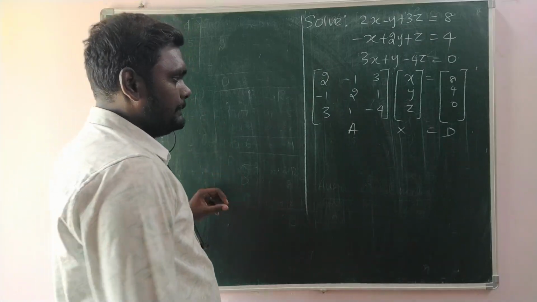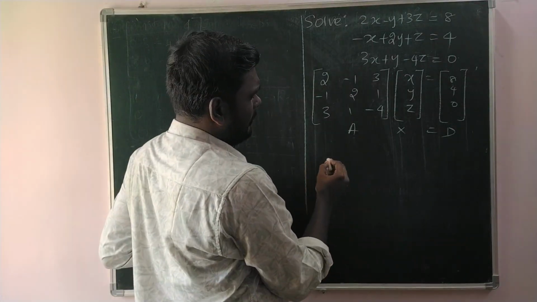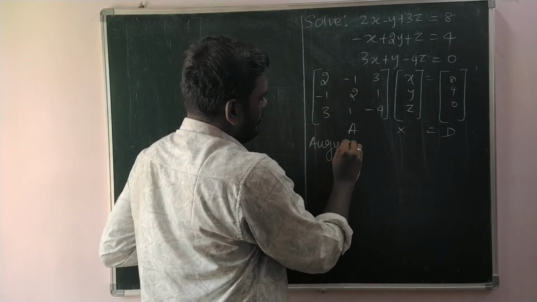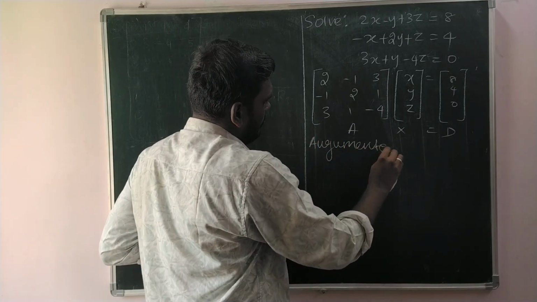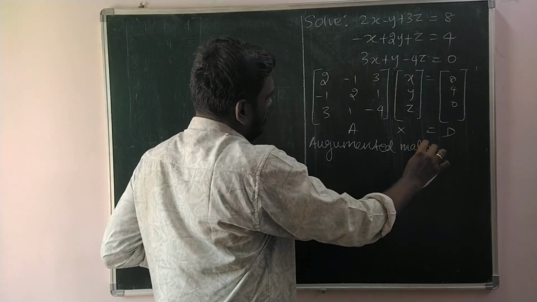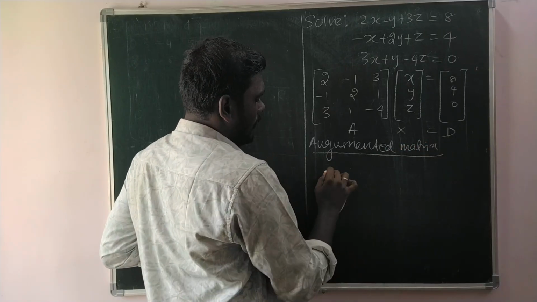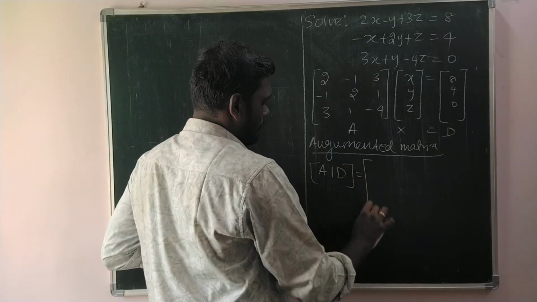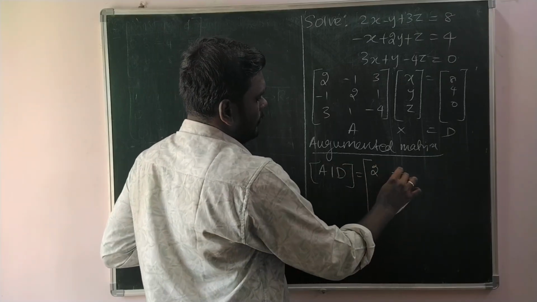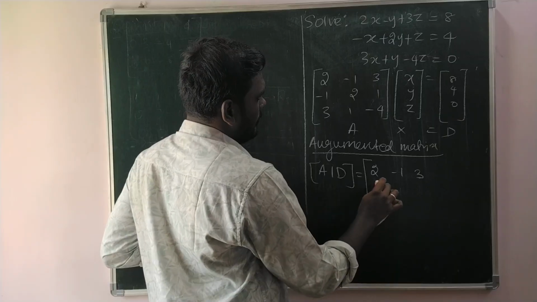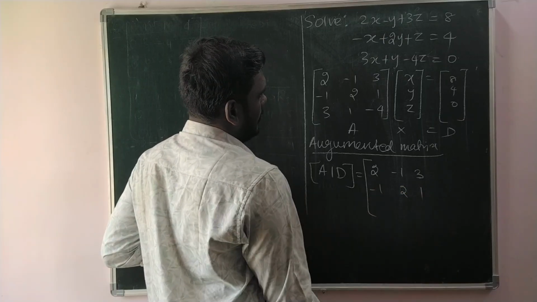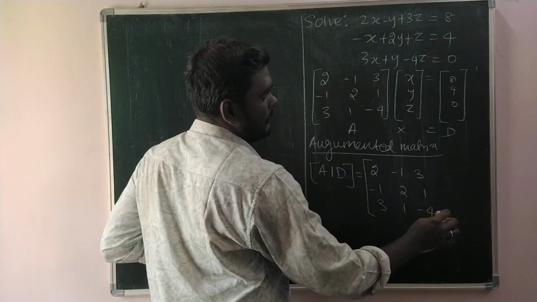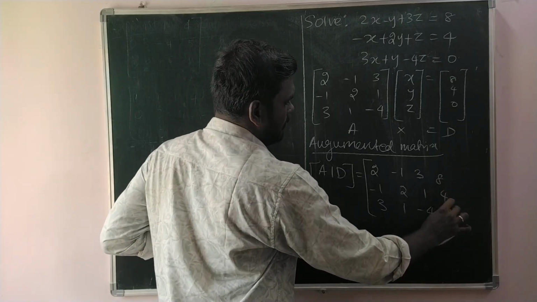Now we should solve this using the augmented matrix. The augmented matrix AD is 2, minus 1, 3; minus 1, 2, 1; 3, 1, minus 4; and those numbers are 8, 4, 0.